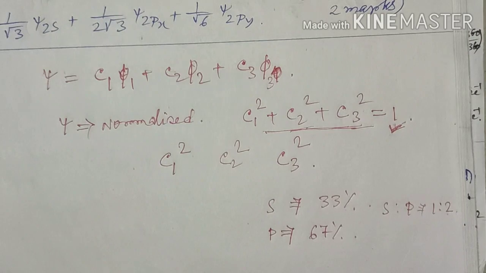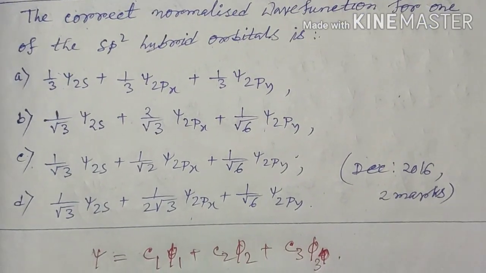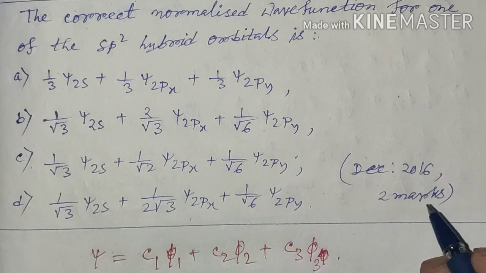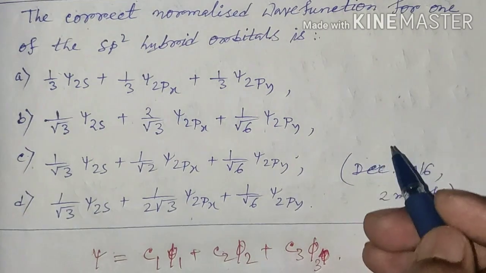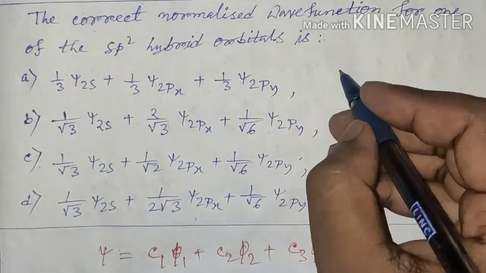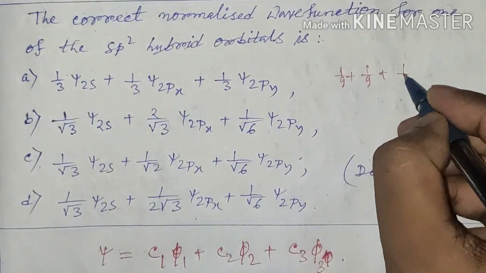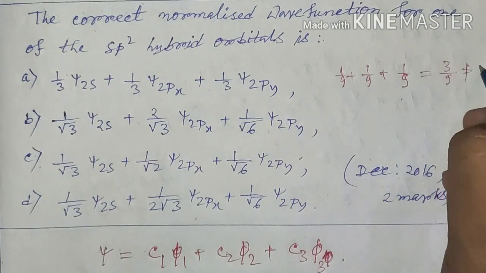Now I am proceeding with the first logic, that is calculating whether the summation of the contribution is equal to 1 or not. If you calculate for the first case, then the summation of the squares, that is the summation of the contribution, will be 3 by 9, it's not equal to 1.